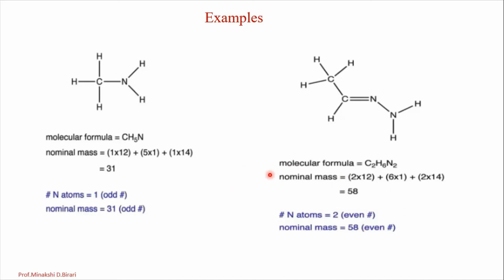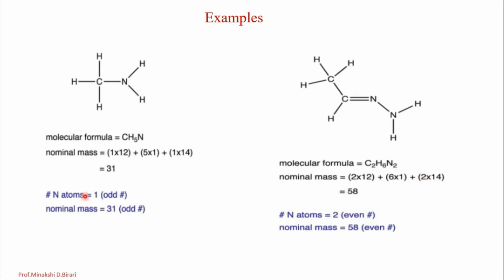The effect of nitrogen atoms on the mass of the molecular ion in mass spectrometry is called the nitrogen rule. According to the nitrogen rule, a compound that contains an odd number of nitrogen atoms has an odd molecular ion, and a compound that contains an even number of nitrogen atoms or zero nitrogen atoms has an even molecular ion.